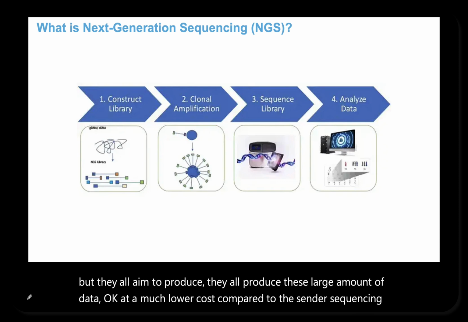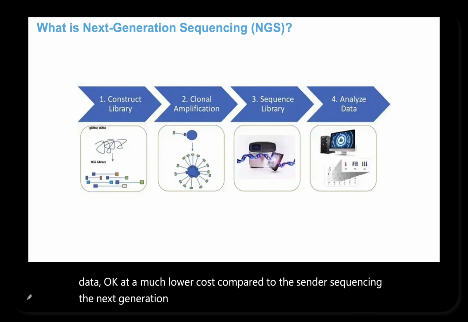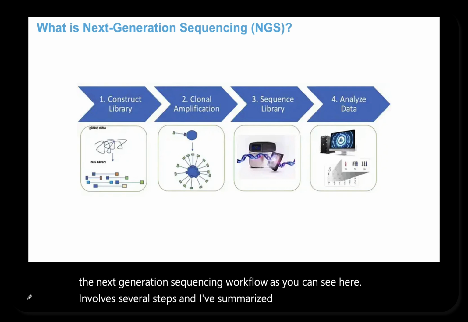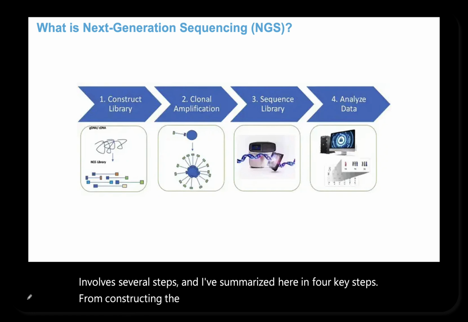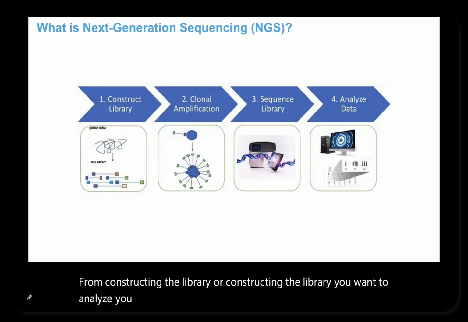The next generation sequencing workflow, as you can see here, involves several steps, and I've summarized it in 4 key steps: from constructing the library you want to sequence, to the actual data analysis.